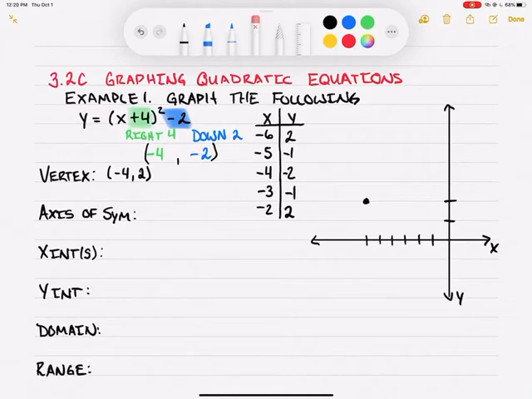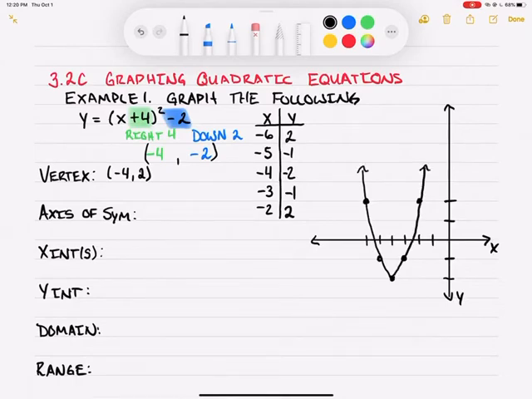Negative 5, negative 1 would be about here. Negative 4, negative 2 would be here. Again, this is my vertex. Negative 3, negative 1 is here. And negative 2, positive 2 is going to be up here.